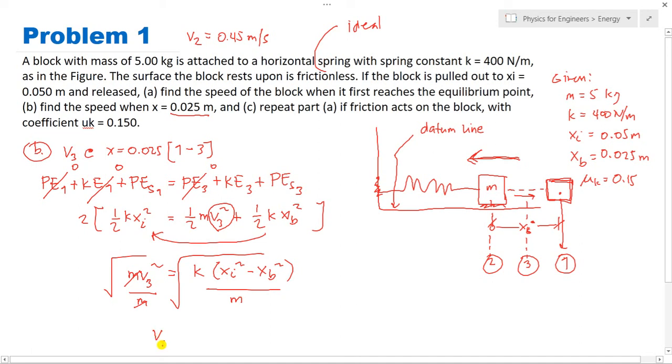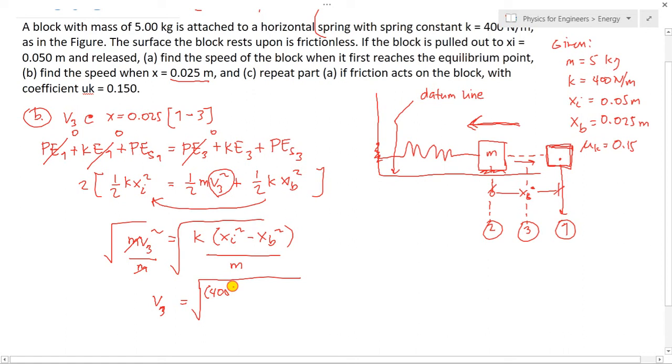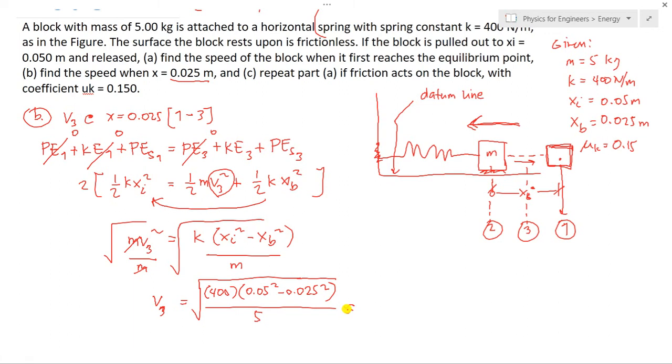So v3 is equal to the square root of k, which is 400, times 0.05 squared minus 0.025 squared, divided by the mass of the object, 5 kilograms. Simplifying, the answer is approximately 0.387.